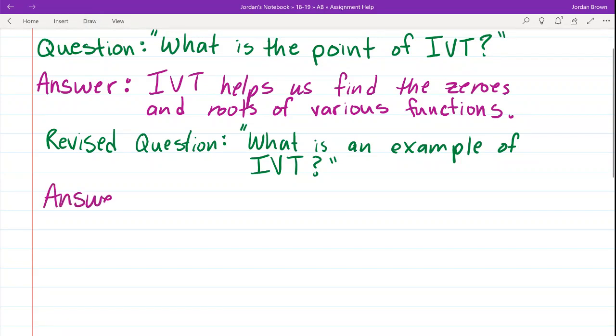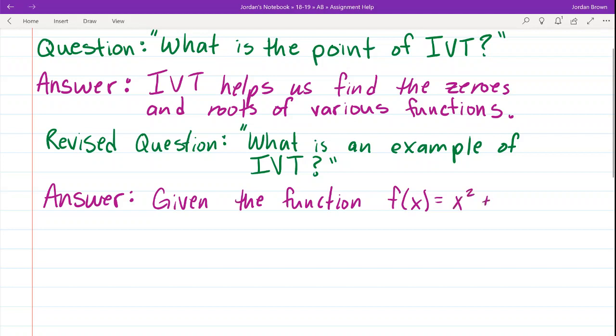My answer is, given the function f of x equals, oh, I don't know. Let's choose x squared plus 7. No, minus 7. Yeah, minus 7. Okay?